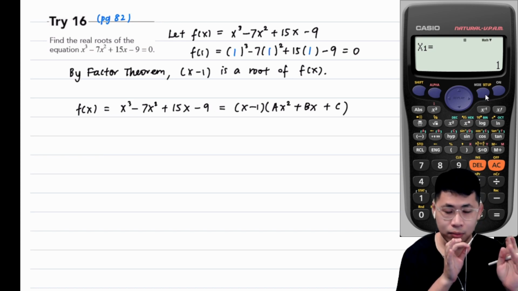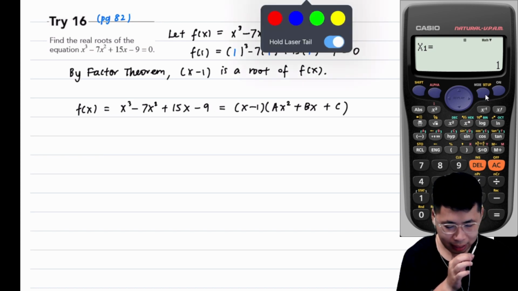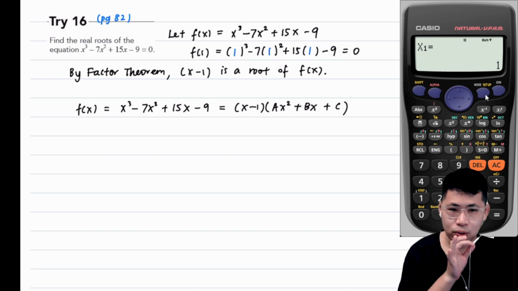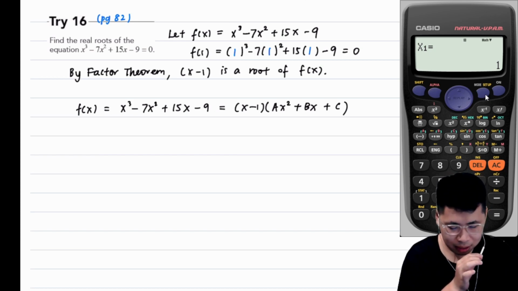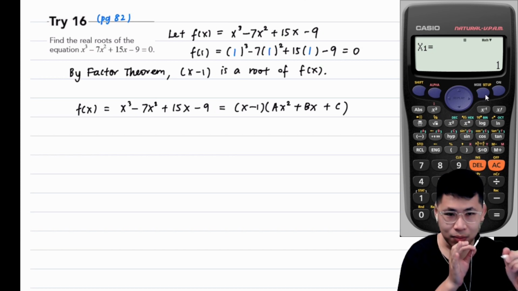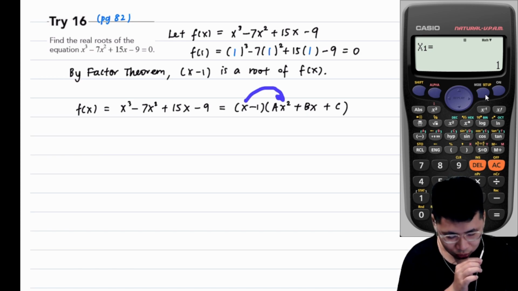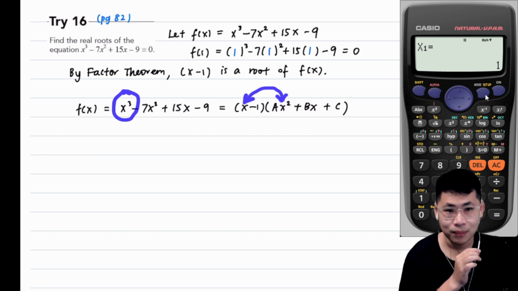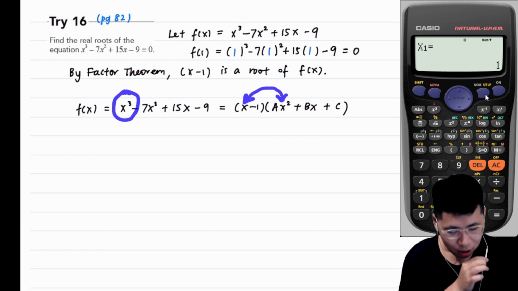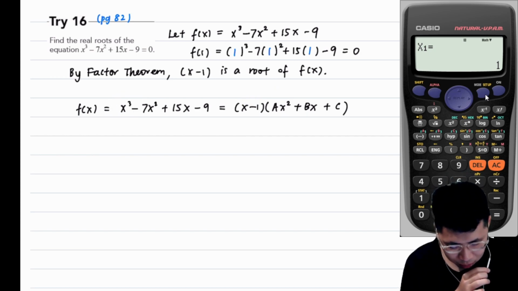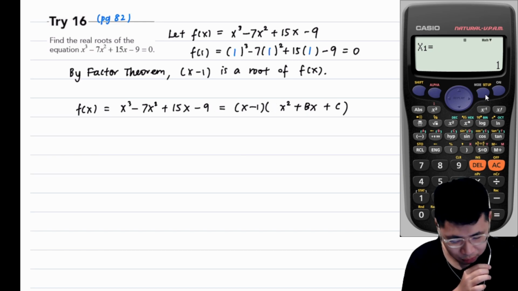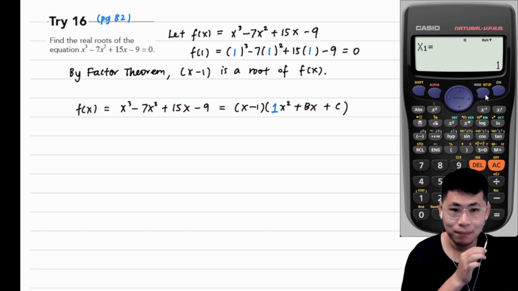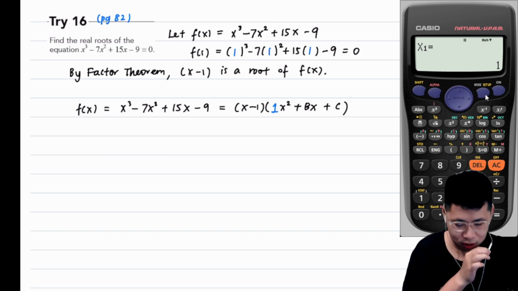Same thing, I can do guess and check so that it will settle my a and c over here. The first way to guess and check is to look at the x cubed term. So x times ax squared is going to equal 1x cubed. So what is a suitable number to multiply for a to give me my x cubed? It is going to be my 1. So it's going to be 1x squared.